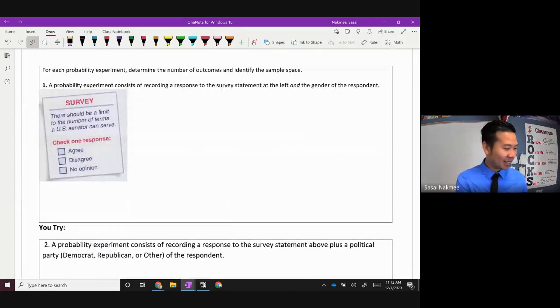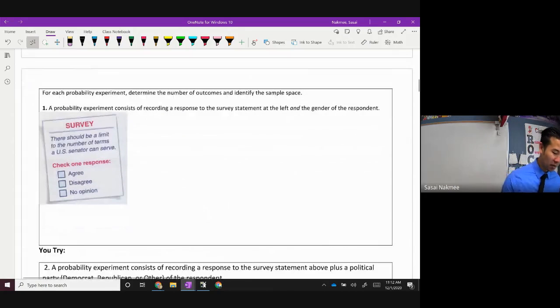All right. Let's take a look here. Let's do this one together before we move on. For each probability experiment, determine the number of outcomes and identify the sample space.